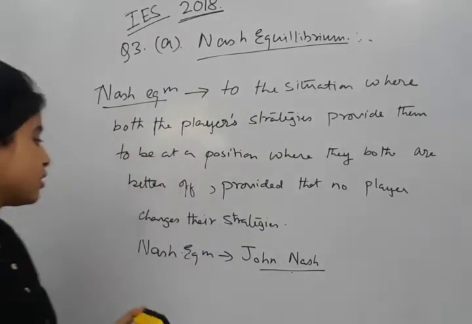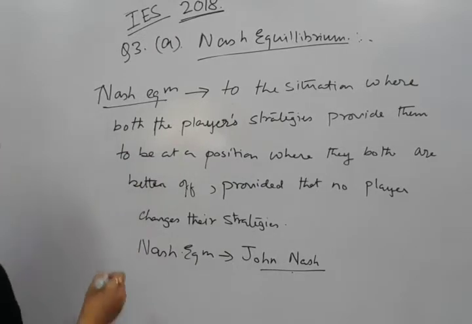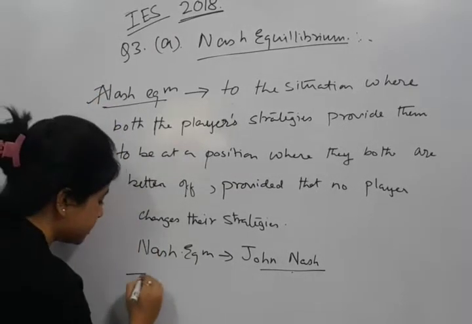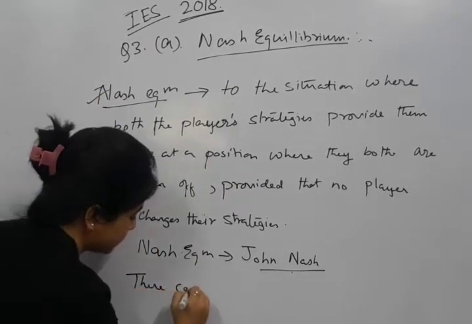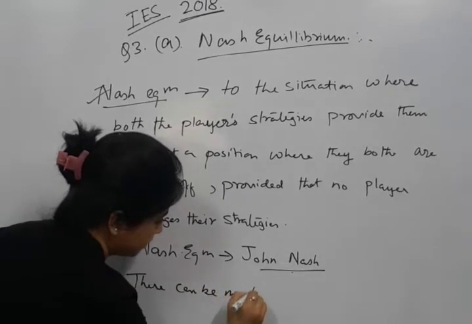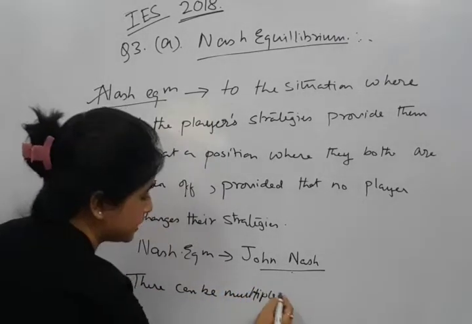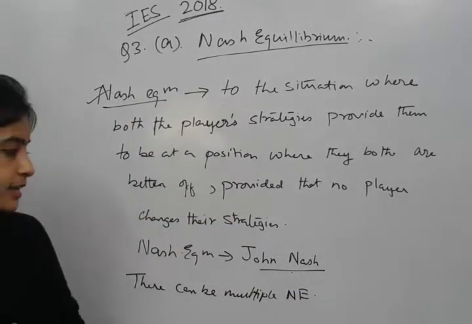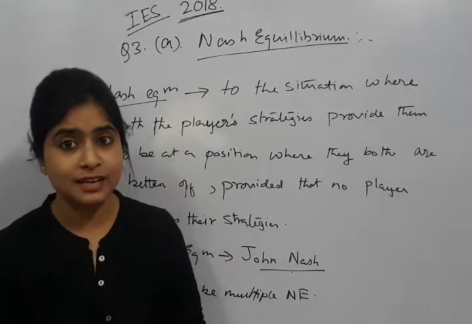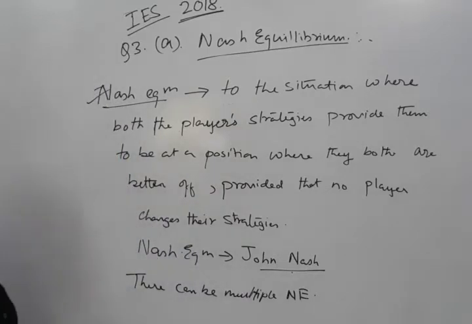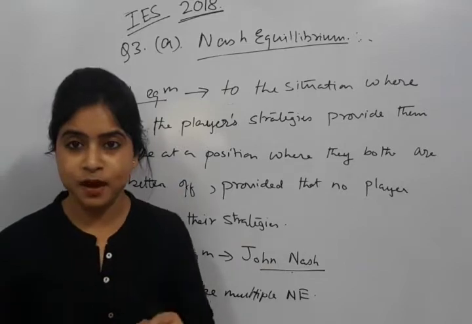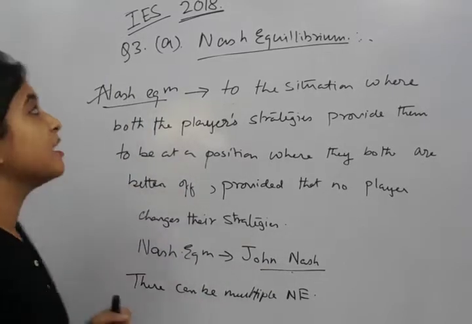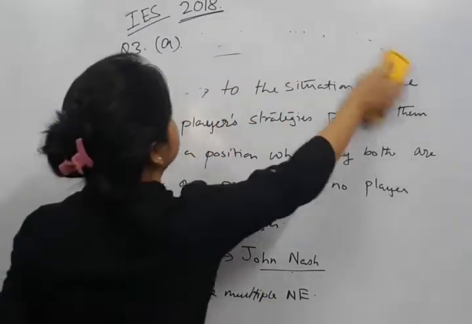So this is also a point that we can include under the definition, that it is not always that Nash equilibrium has to be unique in a particular game. Okay, so this is about the first part of question number 3. Now moving to the next part.